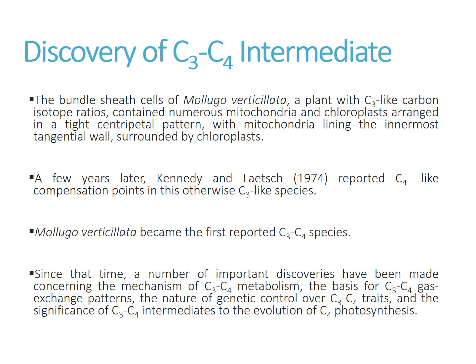C3-C4 plants were first described in a report of anatomical variations among plants thought to possess C3 photosynthesis. Among these observations was the first report that the bundle sheath cells of Maluga verticillata, a plant with C3-like carbon isotope ratios, contained numerous mitochondria and chloroplasts arranged in a tight centripetal pattern, with mitochondria lining the innermost tangential wall surrounded by chloroplasts.